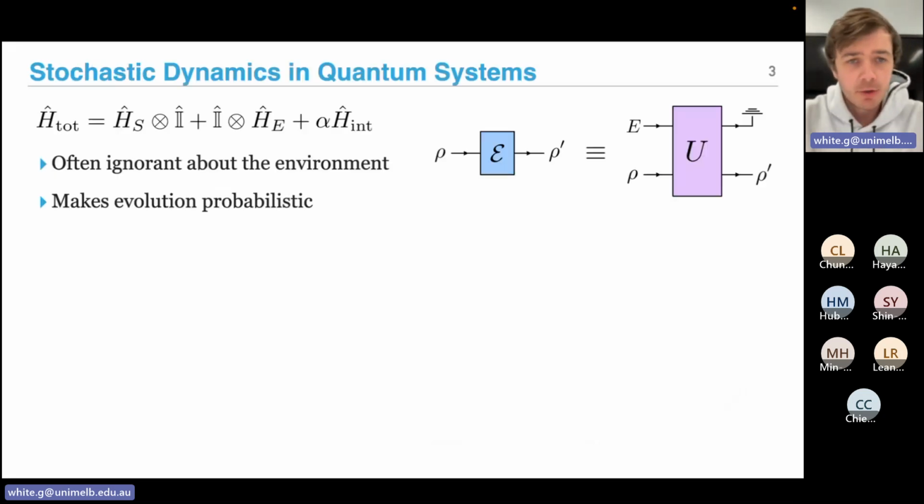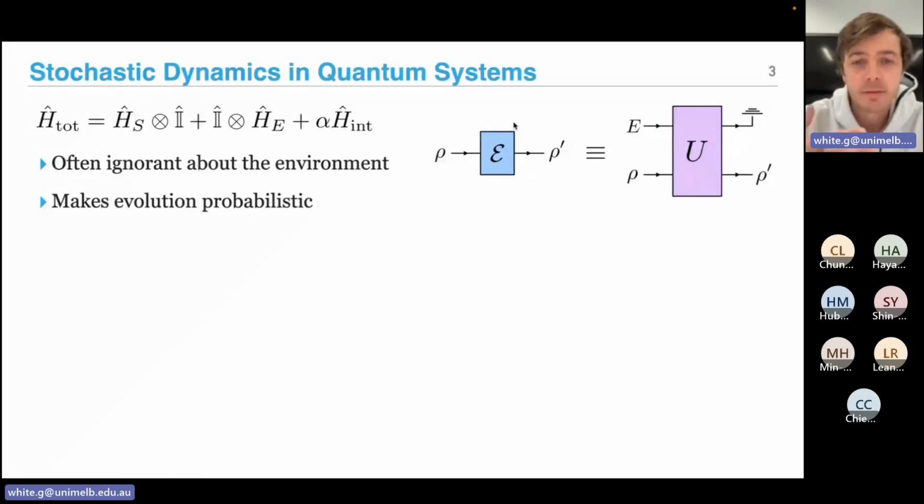So to give a brief setup of the problem, what we're interested in is stochastic dynamics in quantum systems, because with any real quantum system, you're invariably going to get some kind of inextricable coupling between the system and its environment. As soon as you trace over environmental degrees of freedom, your nice deterministic Schrodinger evolution becomes a probabilistic mixture at the system level.